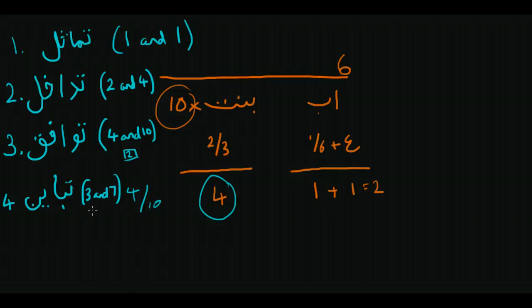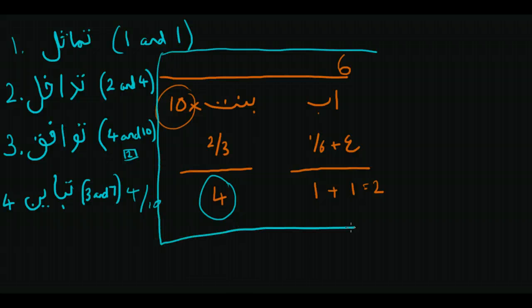Between 3 and 7, 3 goes into 7 but there's a remainder left over, and there's no third number which will go into both of them. These are the 4 nisbas, or connections or relationships, that we learnt last time, and we can use these 4 relationships to consider this problem here, and how to resolve it such that at the end of it the various parties will get a full share.